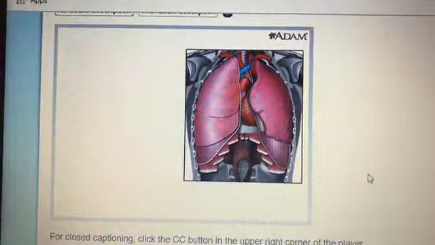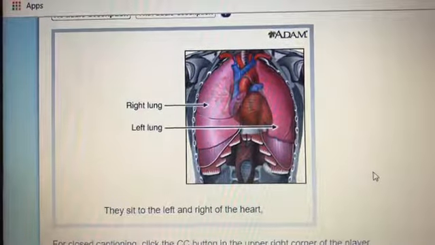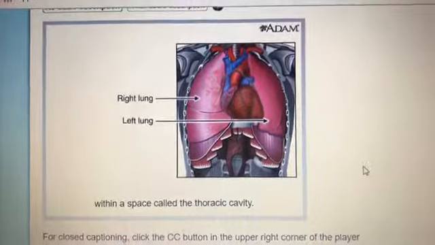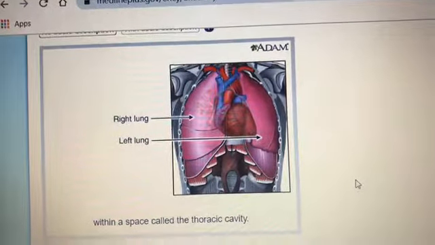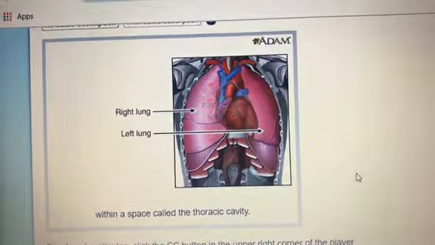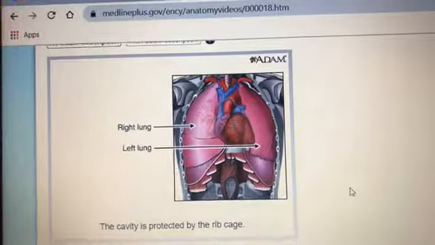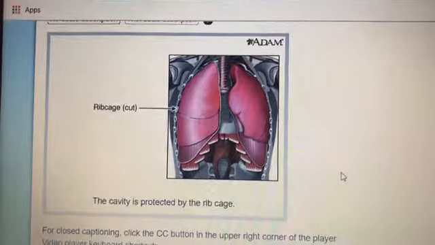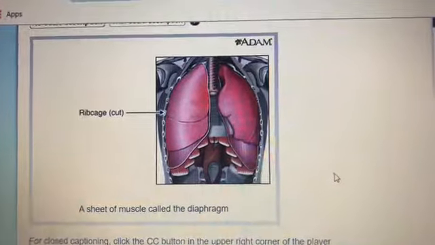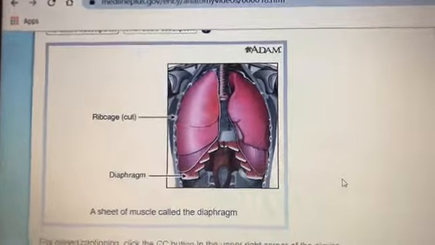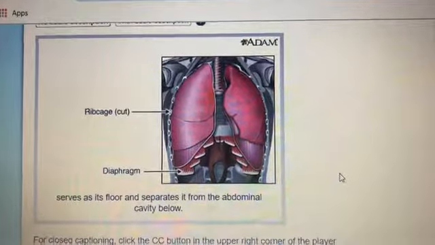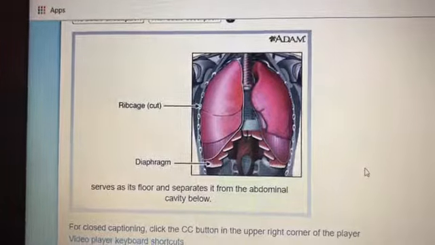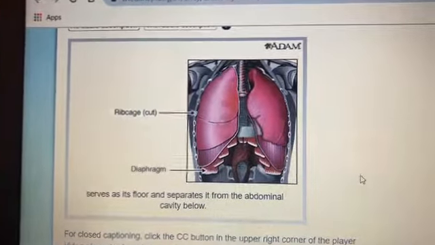So this is just a quick minute and a half video, going over the process that happens when you breathe. It tells you from the beginning in regards to the rib cage, the lungs, and everything else, going into more detail and depth of what the lungs, the diaphragm, and the rib cage are doing.